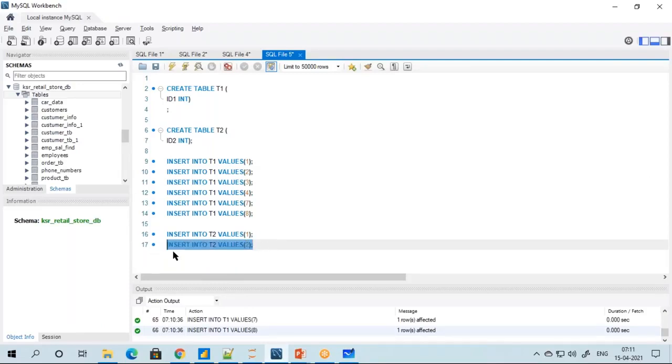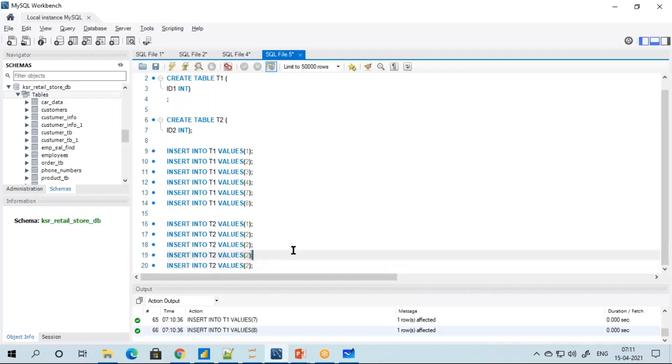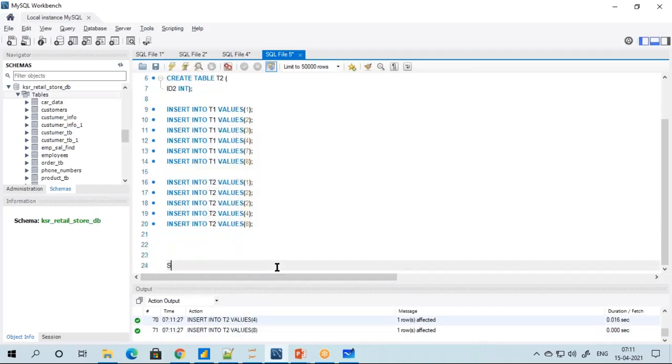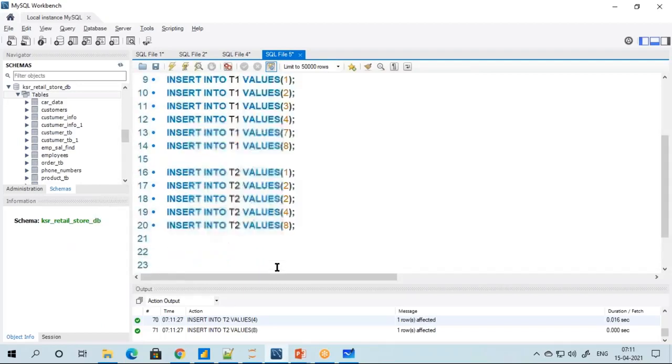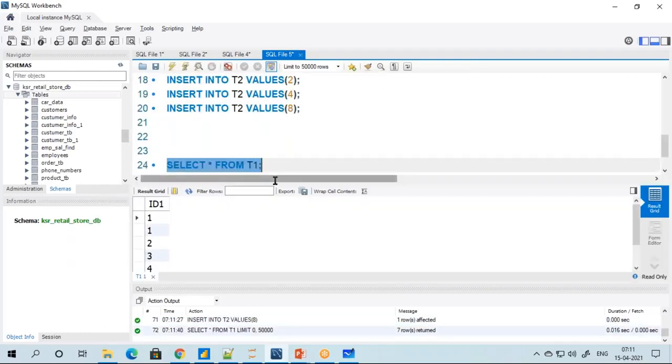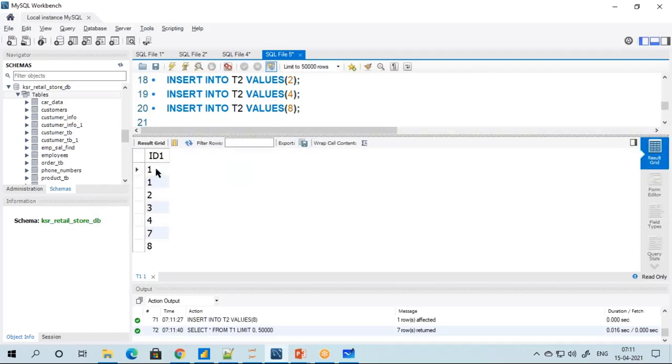Please go on mute. All good. I'll insert it. Let's check whether I've inserted properly. Select star from T1. Oh, why was it inserted 2 times?